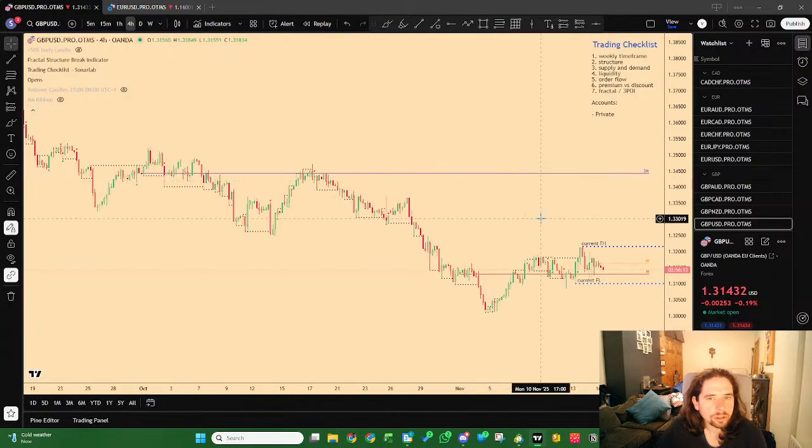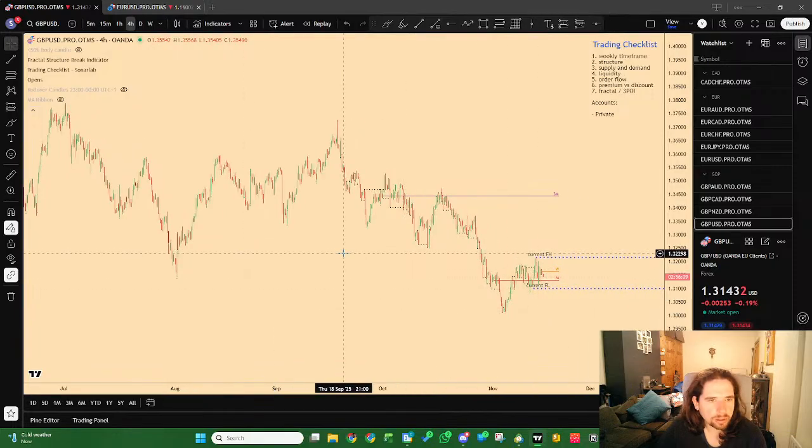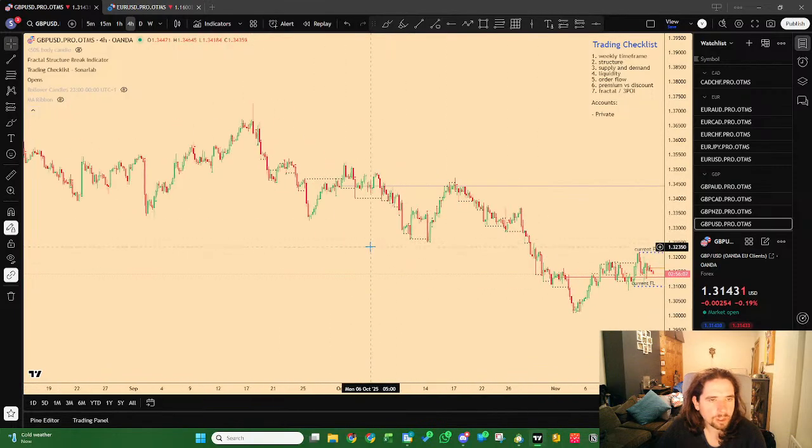And then if we go to the 4 hourly, you can definitely see that we're bearish now in the 4 hourly time frame.